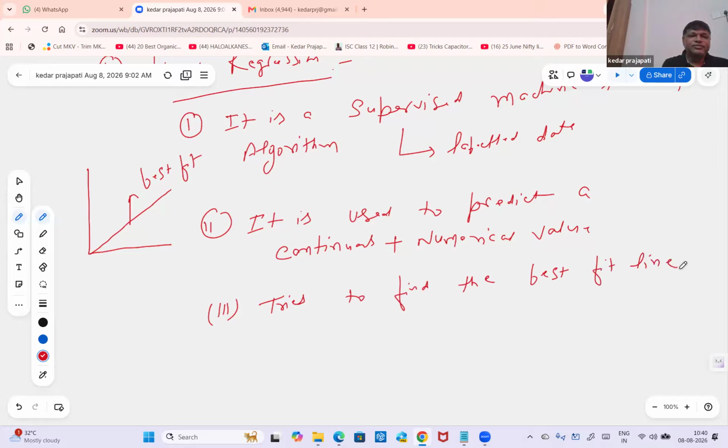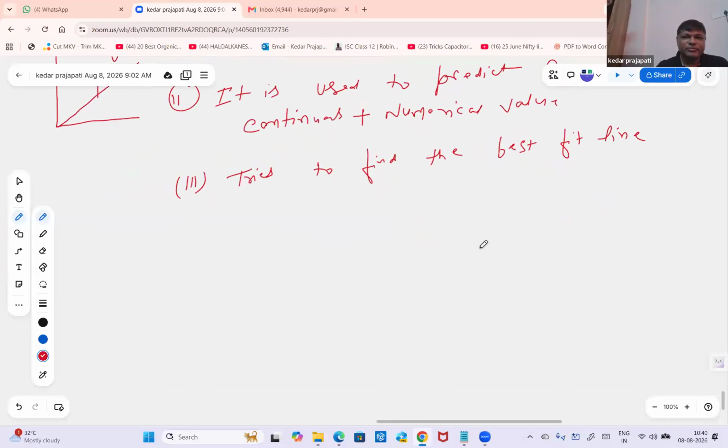If you understand these things, half of your work is done for linear regression. And the best fit line is found from label data.